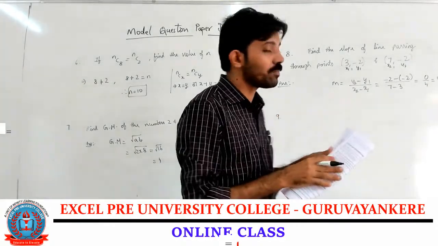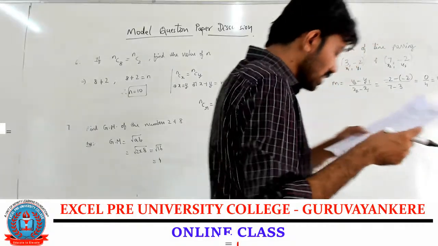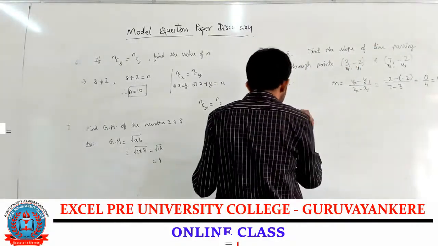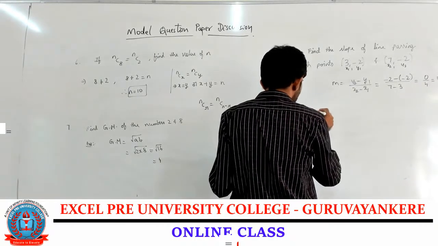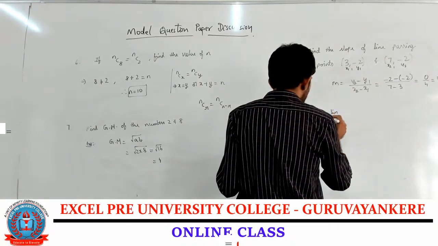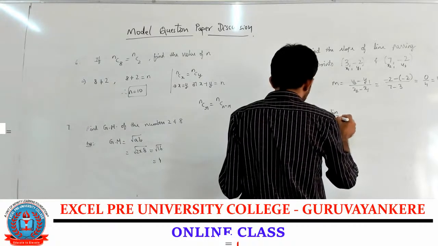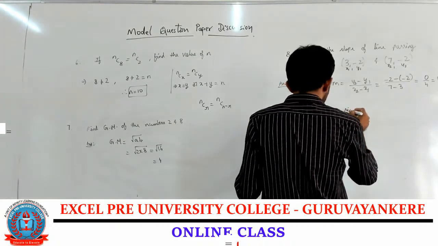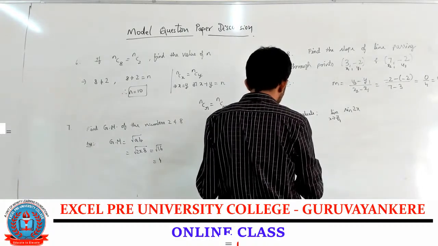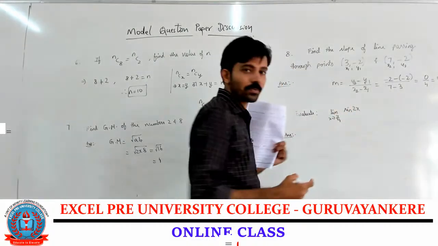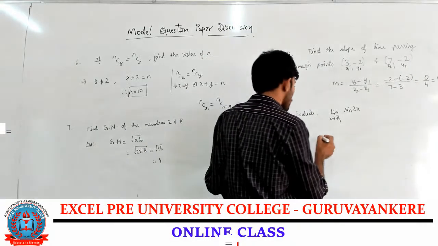Next, question number 9. Evaluate the limit as x tends to pi by 4 of sine 2x. Apply the limit: x becomes pi by 4.